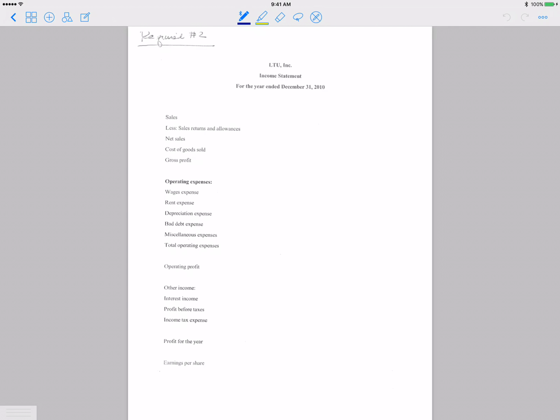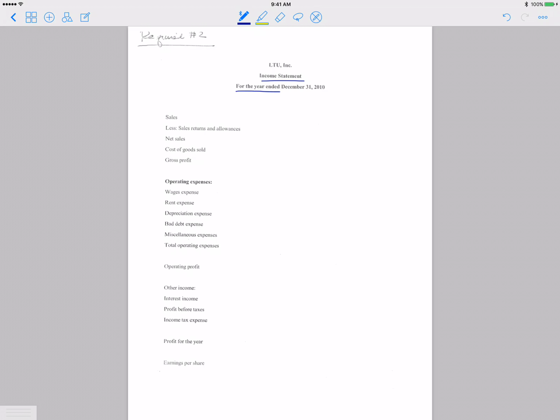So for requirement number 2, we need to prepare an income statement, which has already been laid out here. The format is something that every student should be able to prepare on their own. It will not be provided during the exam. However, there are a few things to note and to make sure not to mix up. When we're looking at an income statement, we look at it for the year ended.